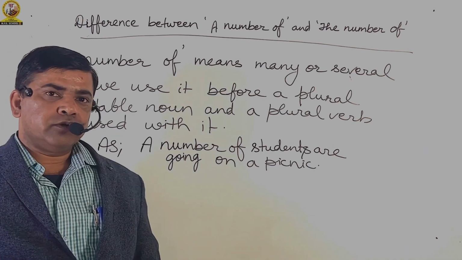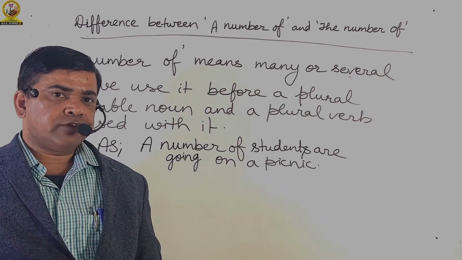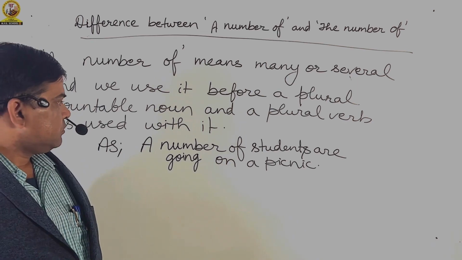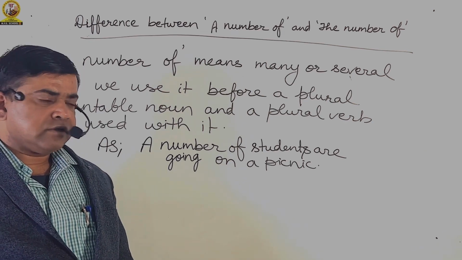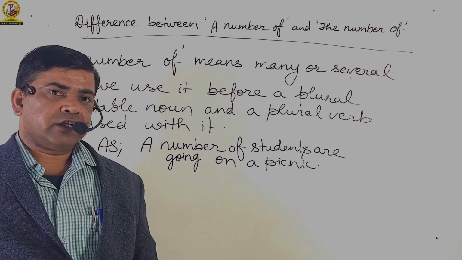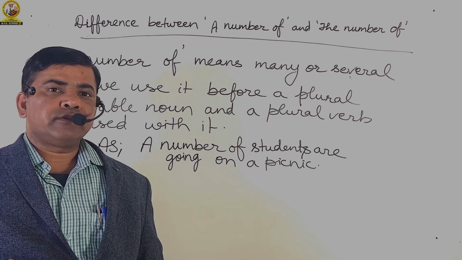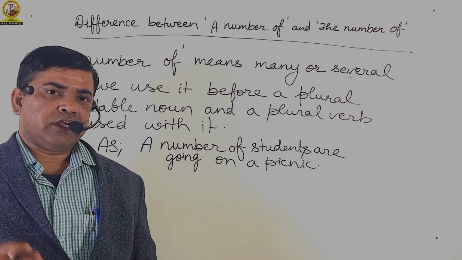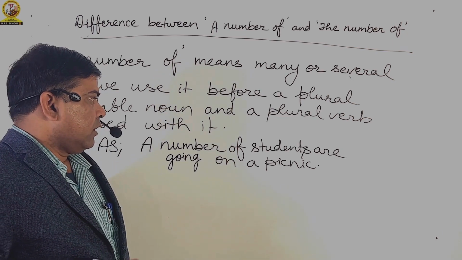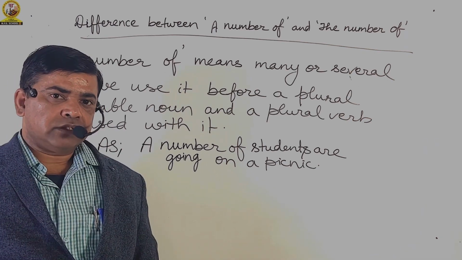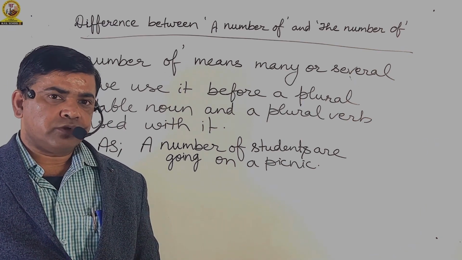We directly use the plural countable noun after a number of. So, the sentence a number of students are going on a picnic means बहुत सारे विद्यार्थी पिकनिक पर जा रहे हैं. Here are is used with the plural countable noun students.